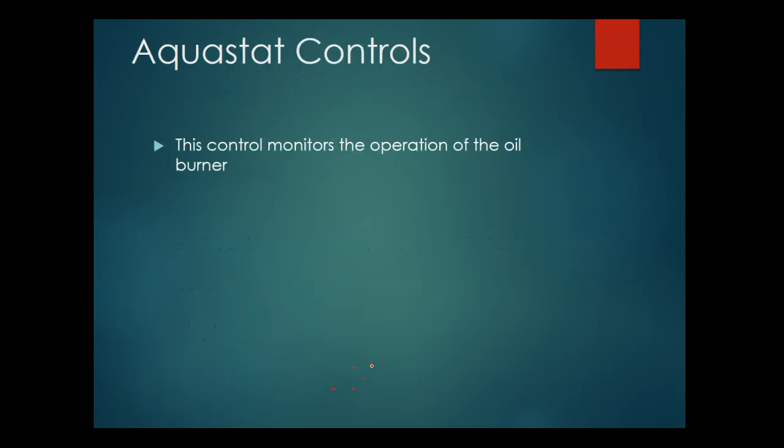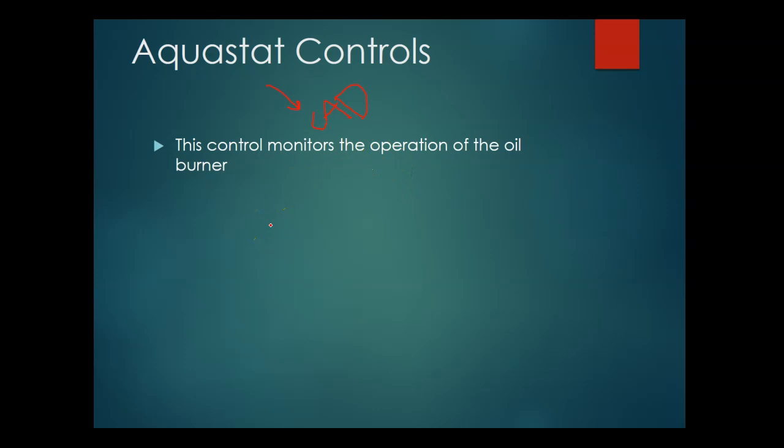So the aquastat control controls the operation of the oil burner. How so? The aquastat now controls the CAD cell, and the CAD cell control, which is the primary, controls the burner. So the aquastat does not control the oil burner directly. It controls the CAD, and the CAD cell controls the burner.